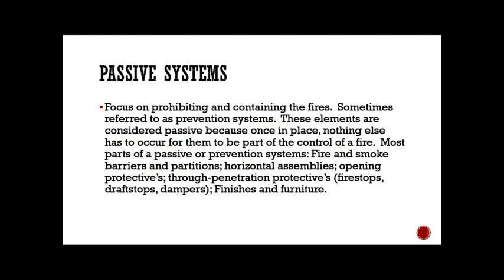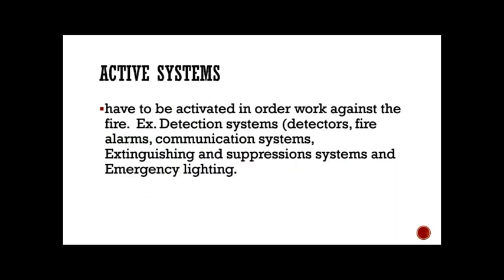We talked about our quarter walls, of course, having ratings, partitions, horizontal assemblies. We've talked about opening protectives, through-penetration protectives, like fire stops, draft stops, dampers. We're going to learn later on about finishes and furniture, how we have to use them so they do not contribute to a fire. They, of course, can stop the fire.